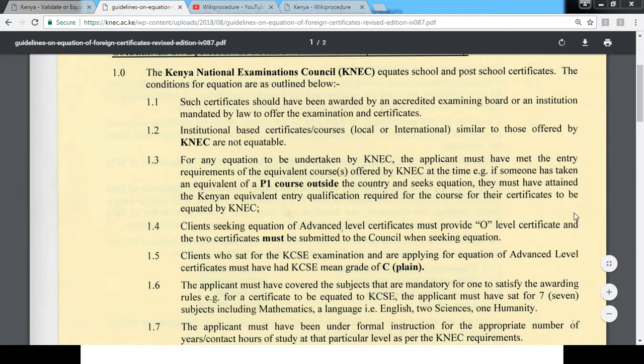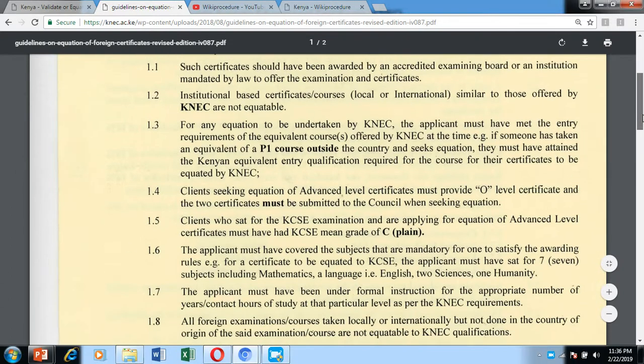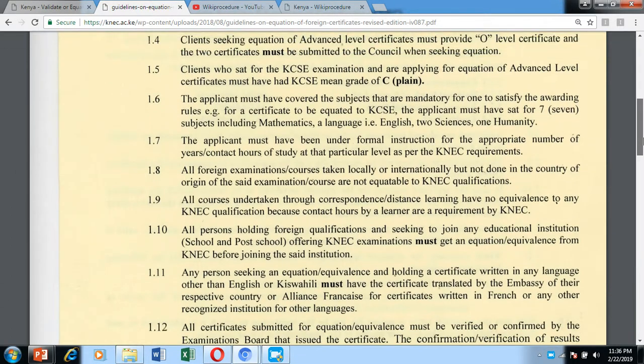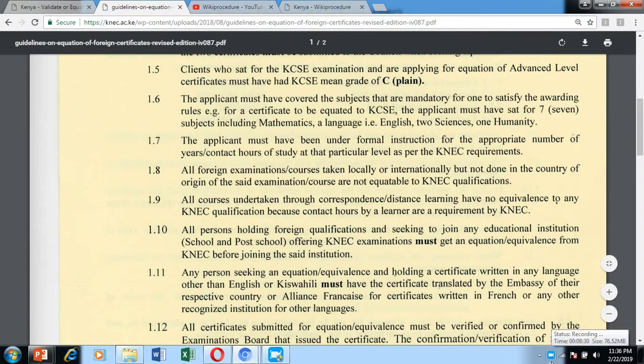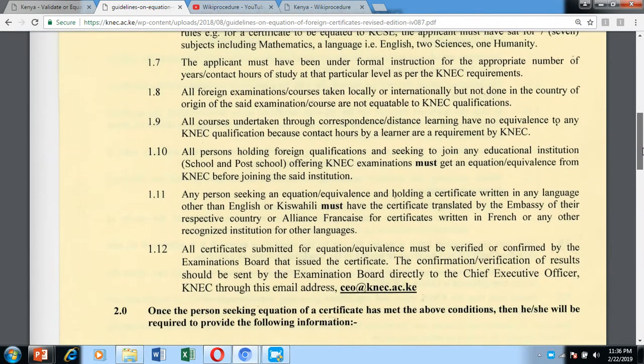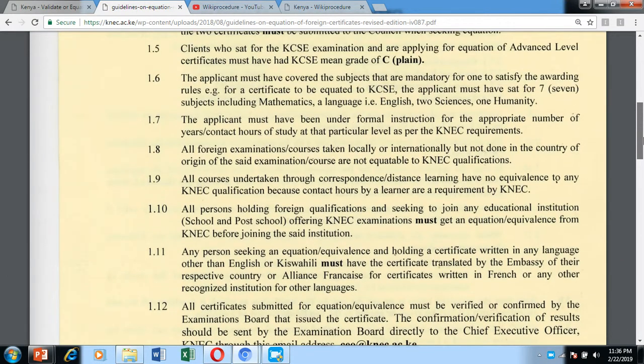You can go through the document and read through. They have given you guidelines on how you can go about making the application.